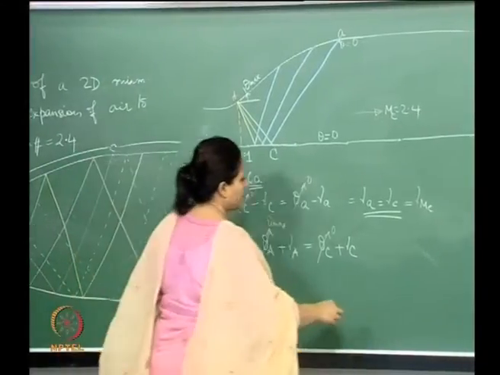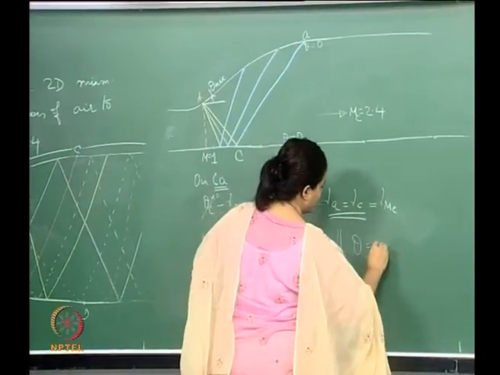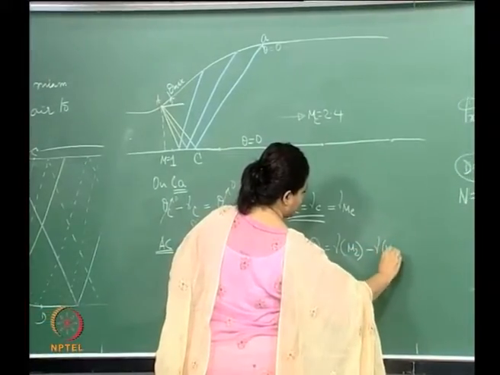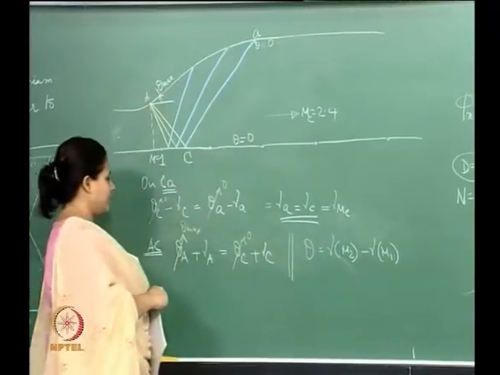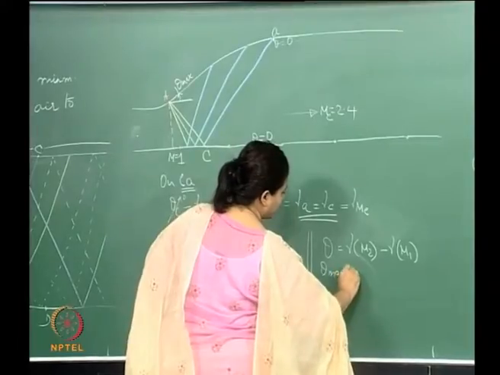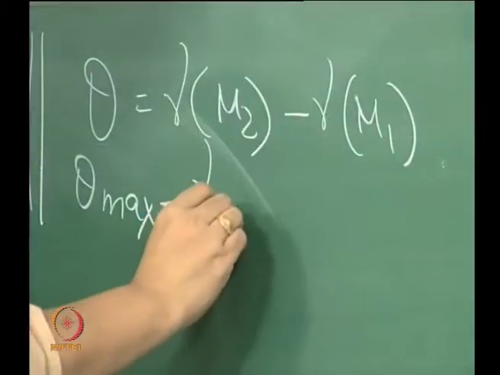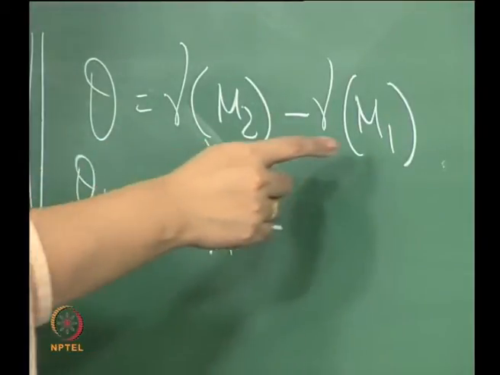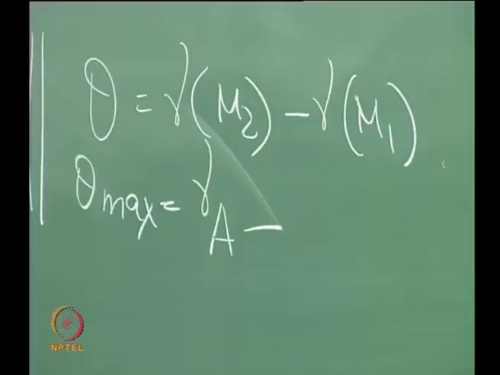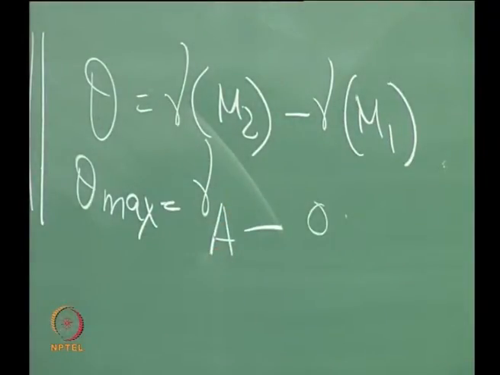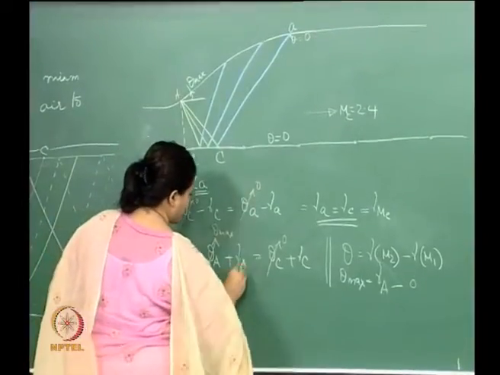And if you remember, the Prandtl-Meyer equation is as follows. So I can write this as theta max is equal to nu a minus nu 1, which is 0. So nu a is also equal to theta max.